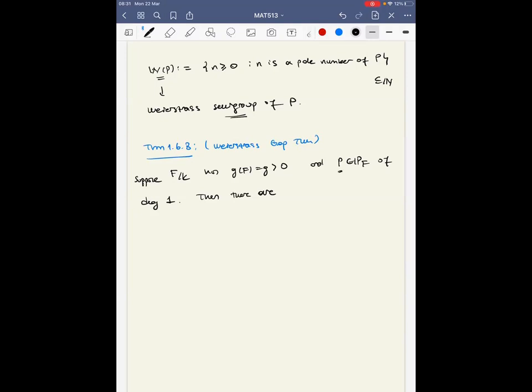In other words, there are exactly g gaps at this rational place.